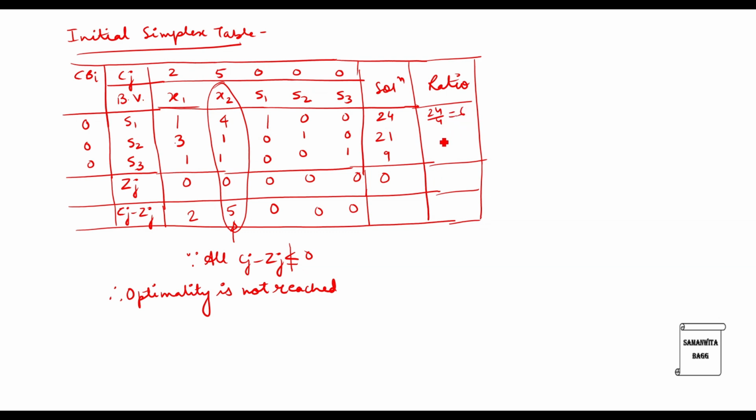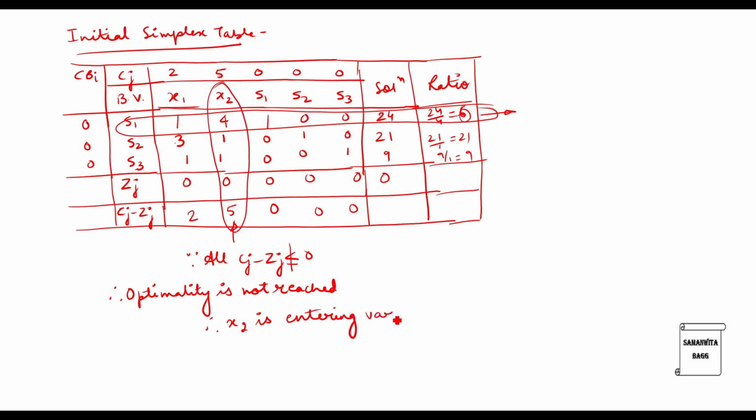So this becomes 6, 21 by 1 is 21 and 9 by 1 is 9. The minimum value is 6. So the one which is leaving the solution is S1, as this value is 6. So we will write out, therefore x2 is the entering variable and S1 is the leaving variable.